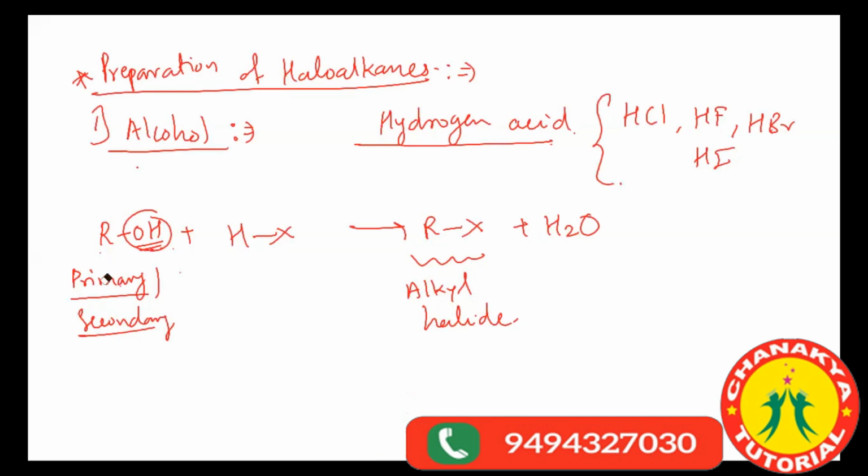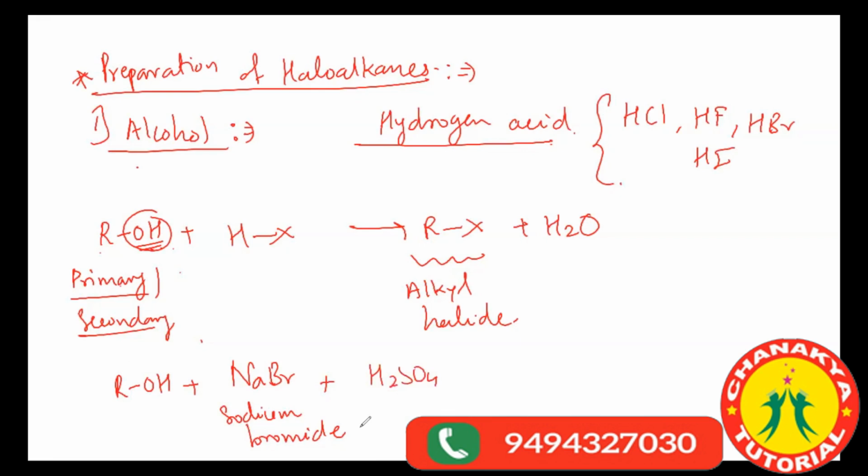Similarly, when alcohol is reacted with sodium bromide, what would be the reaction? ROH reacted with NaBr, sodium bromide, in the presence of hydrogen acid, which would be sulfuric acid we will take now, H2SO4.